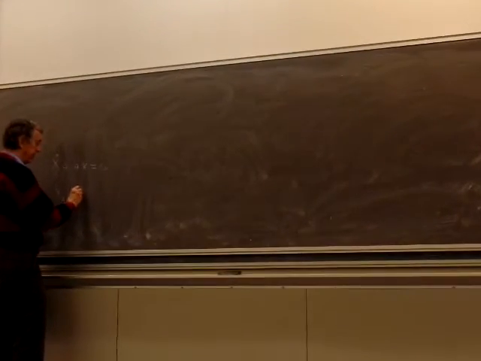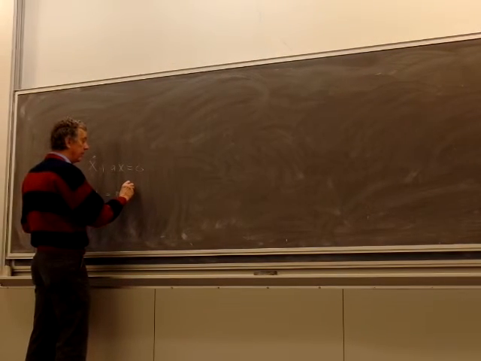How do I solve for x? What's the assumed form of the solution? What's that? e to the minus at. Magnitude e to the minus at. Right?